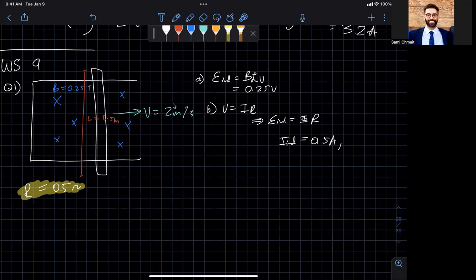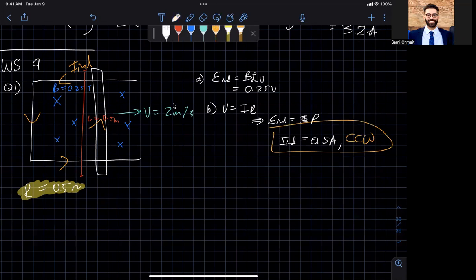Or if you think about it, when your fingers point counterclockwise for the direction of the induced current, and you put your thumb the direction the current's going, let's say your thumb through the rod, your fingers will curl up this way. That's why you're going out of the page, and that's why it's counterclockwise. So counterclockwise.